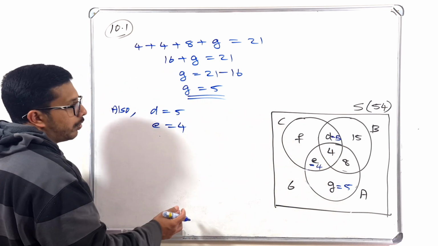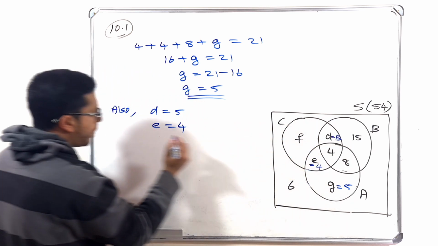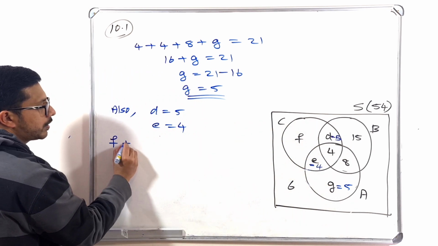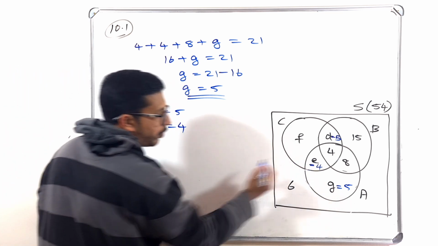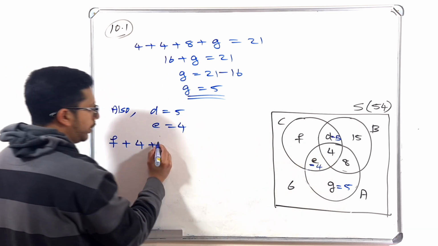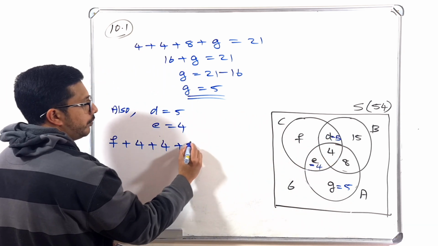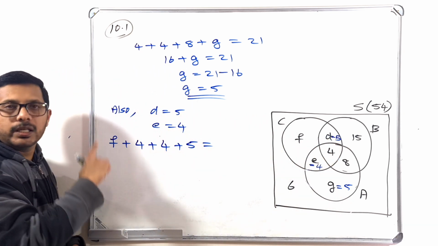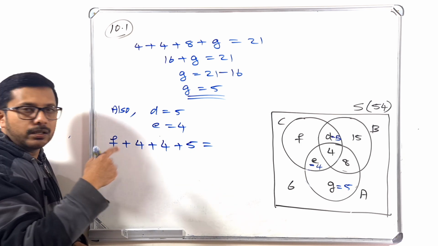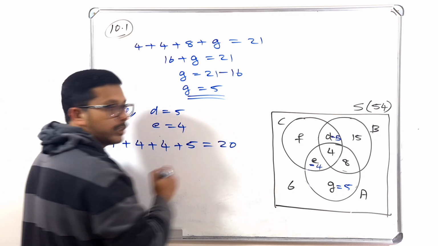So let me add: F plus this E, which is 4, we already got that, plus 4 plus this is 5. The total is 20, as given in the question.